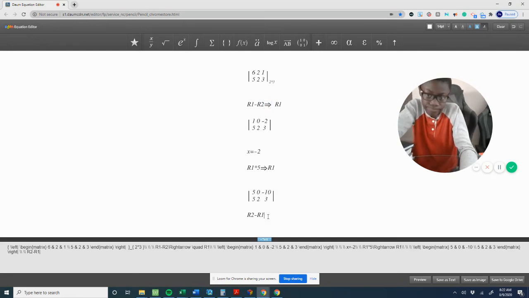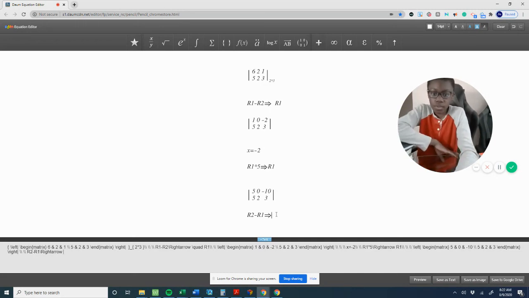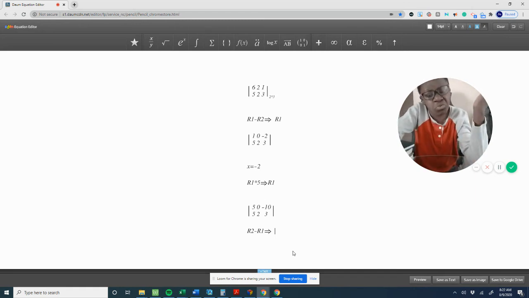Here we go, and boom. So we have our R2 and R1, and either one's fine.